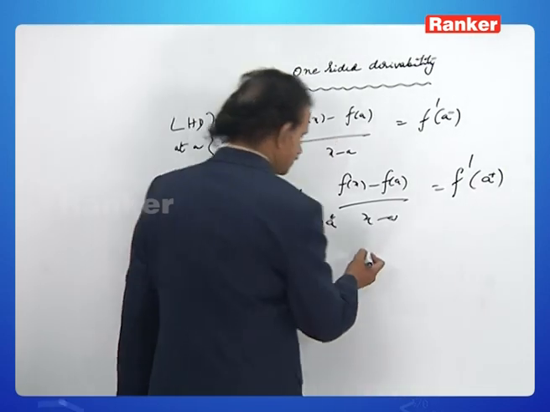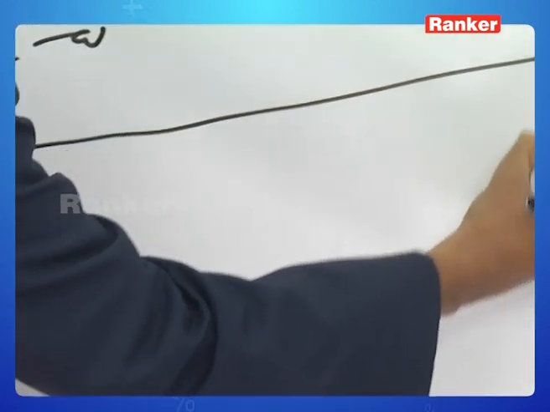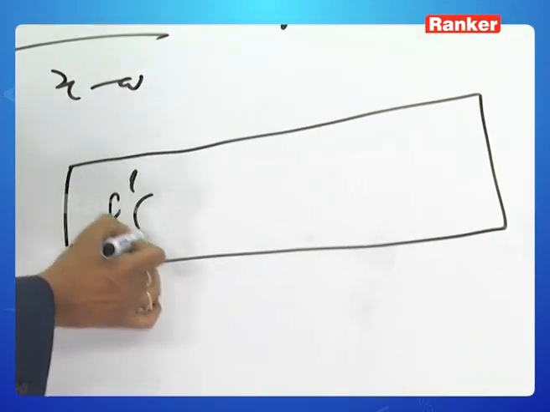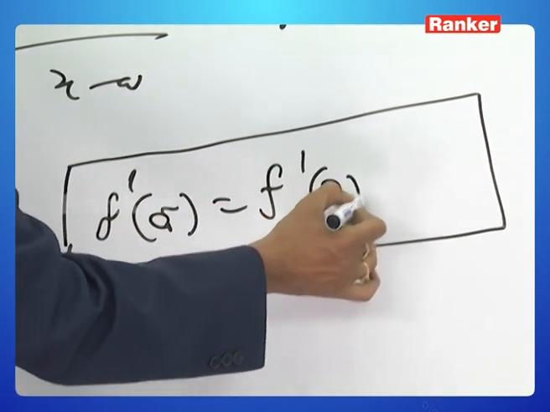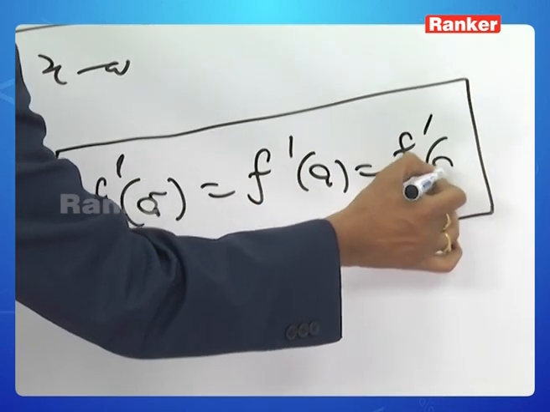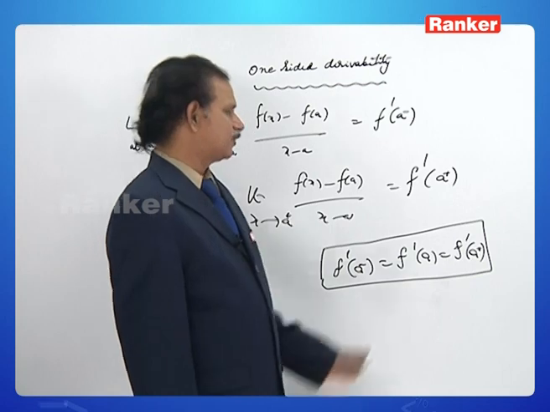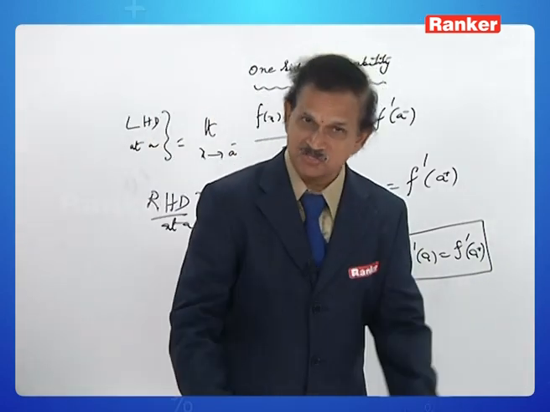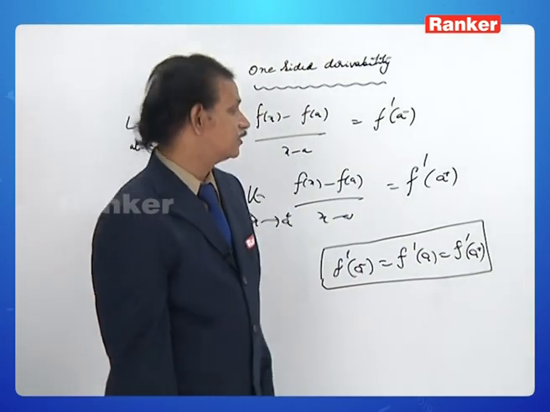In short, f dash a from left is equal to f dash a is equal to f dash a from right. If such things happen, then only we say that f is derivable at x is equal to a.